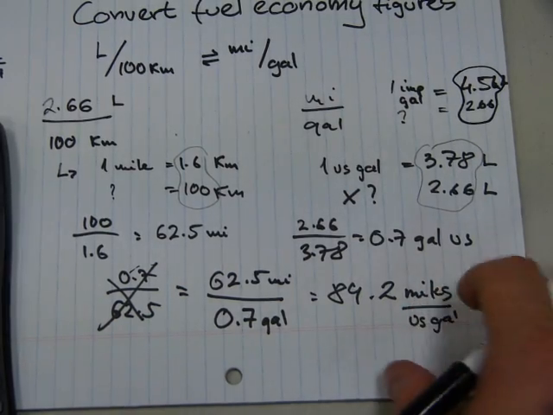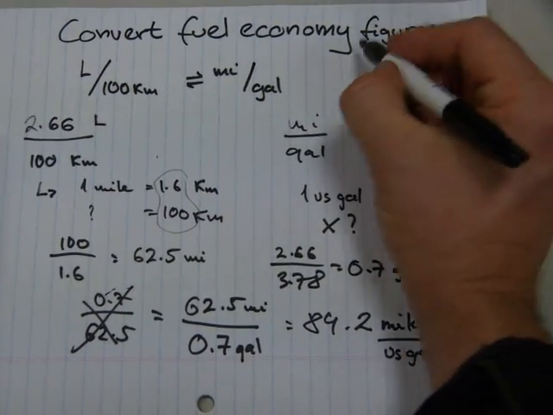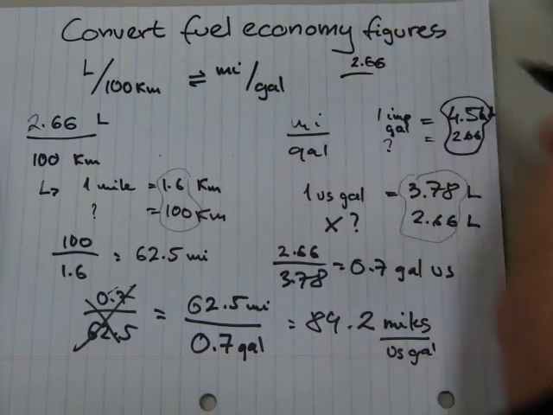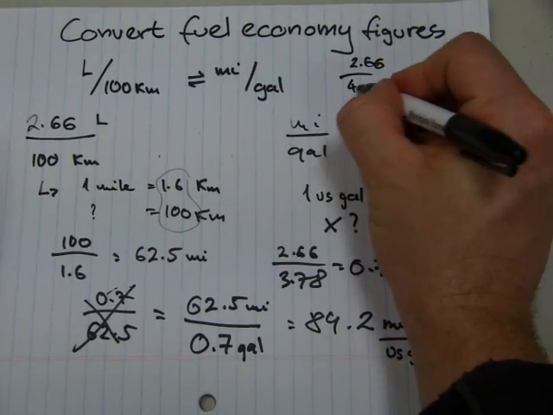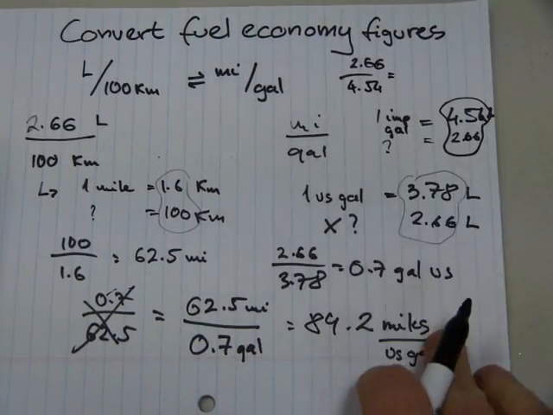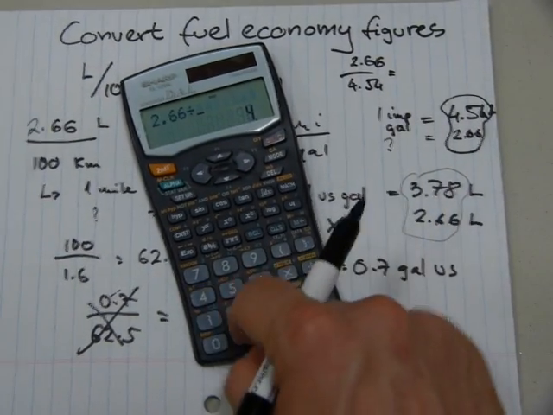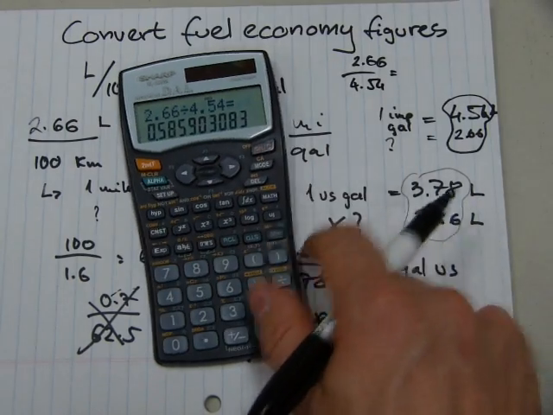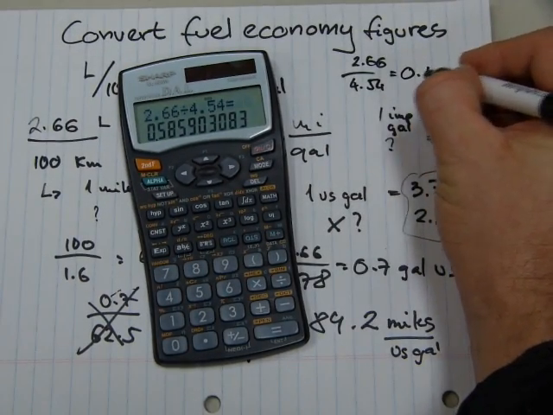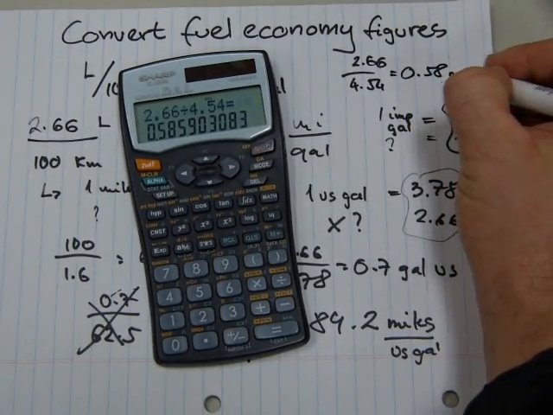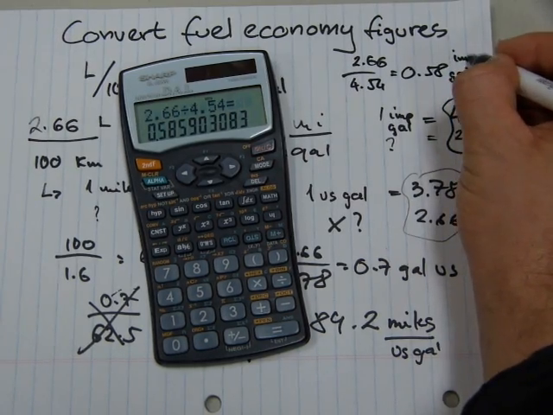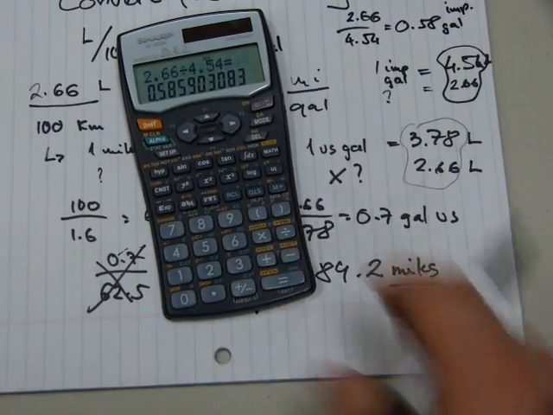It's just going to be a different number. 2.66 is to be divided by 4.54. So now it's 0.58. That's Imperial or British gallon.